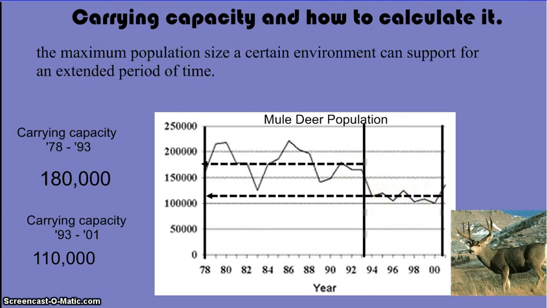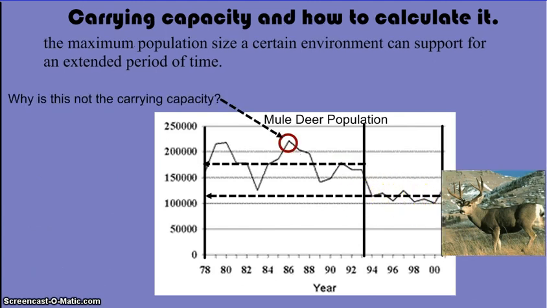So something happened to the carrying capacity, and the population of deer declined, as well as the maximum number that the environment can support. A really common misunderstanding with carrying capacity and how we calculate it, because of the definition, is that people think that this is the carrying capacity, because this is the maximum number on the graph, right? Which would make the carrying capacity something like 2200 or 2300.